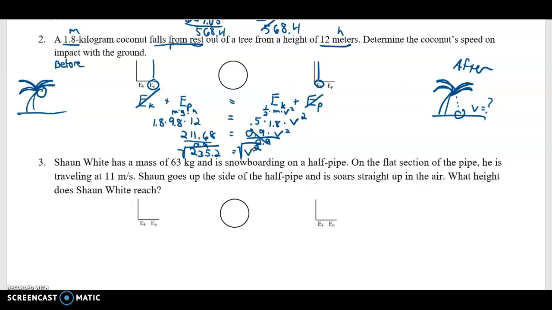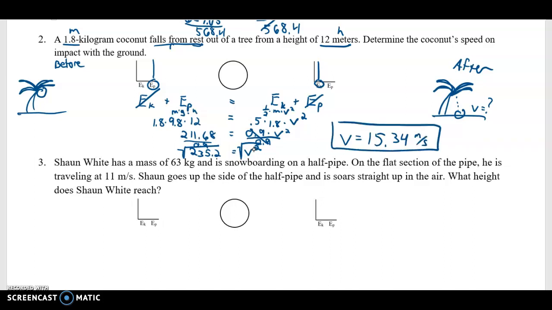And if you take the square root of 235.2, you end up with velocity of 15.33 or 34 if you round up and go out 2 decimals. But this is our velocity. Because we solved out for velocity, our unit is meters per second.